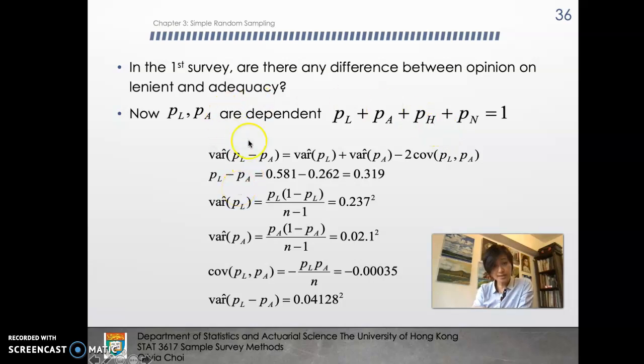So when we're trying to look at the difference and calculate the variance of the difference, we need to sum up the variance of each of the proportions and subtract the covariance of the proportions. Like we did in the calculations or the proof earlier, the covariance equals minus PLPA divided by N. We can estimate the total variance.